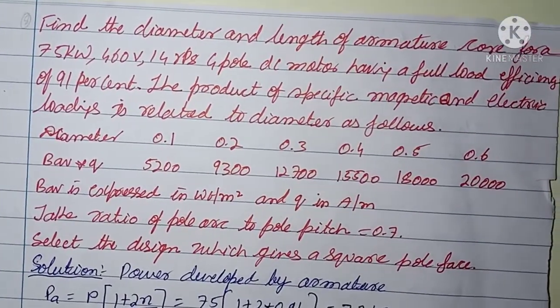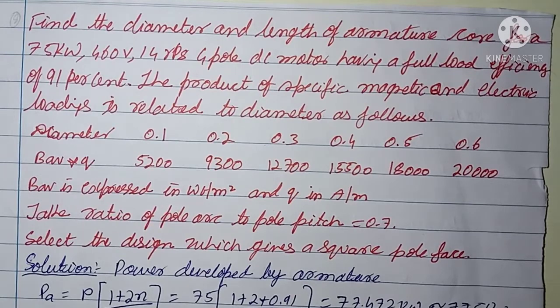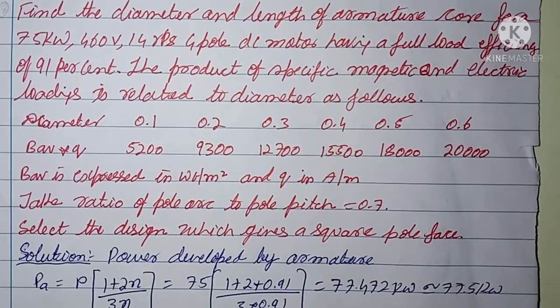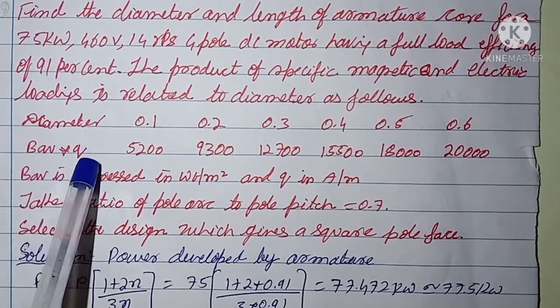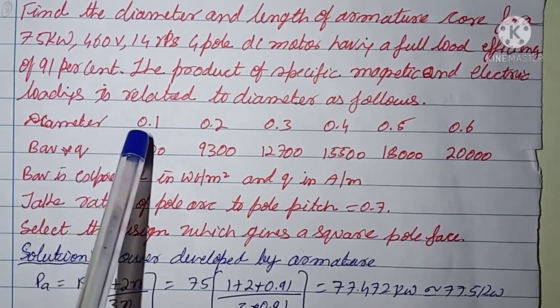Find the diameter and the length of armature core for a 75 kilowatt, 460 volt, 14 RPS, that is revolutions per second, 4-pole DC motor having a full load efficiency of 91%. The product of specific magnetic loading and specific electric loading is related to diameter as follows. So this is the product, which we used to see in C naught, with respect to the diameter.